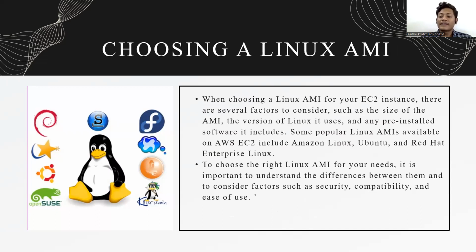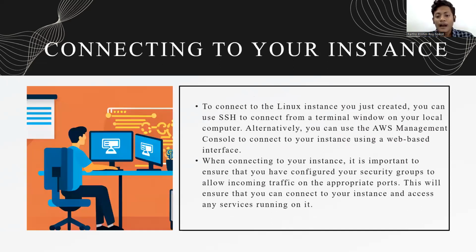Some popular Linux AMIs available are Amazon Linux, Ubuntu, Red Hat Enterprise, etc. After that, to connect to the Linux instance we can use SSH or RDP, or we can use the AWS console to connect to the instance using a web-based interface. When connecting to the instance, it is important to ensure that we have configured security groups allowing incoming traffic on the appropriate ports. This will ensure that we can connect to the instance and access any service running on it.